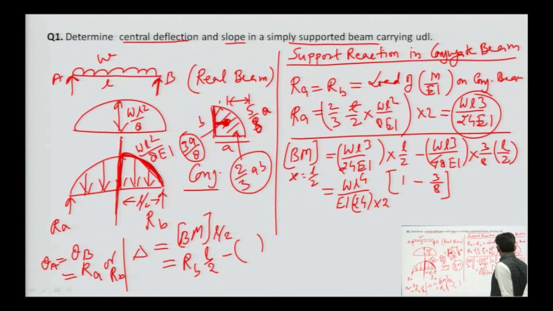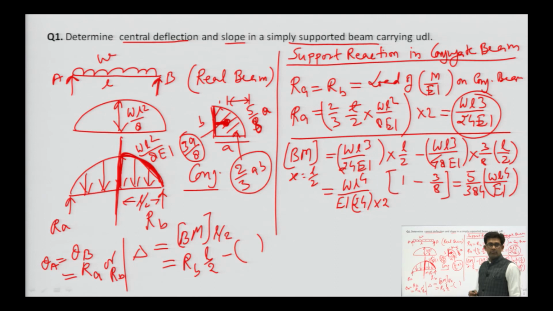So we will get 5 divided by 384 WL to the power 4 by EI. Bending moment we have calculated, and I told you that it will represent the displacement at center, means central displacement will be this value. So this is the step.